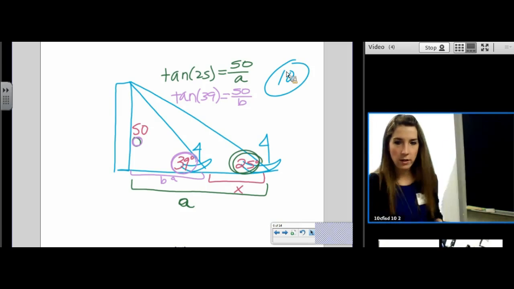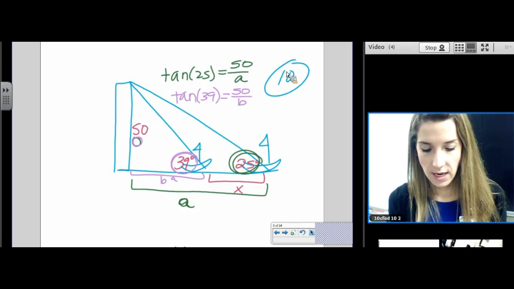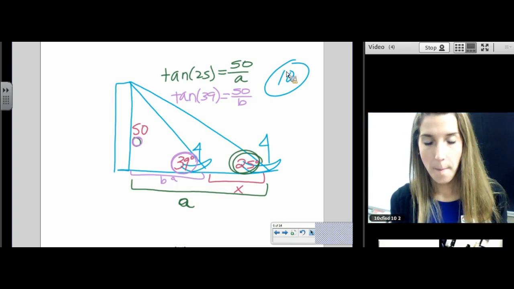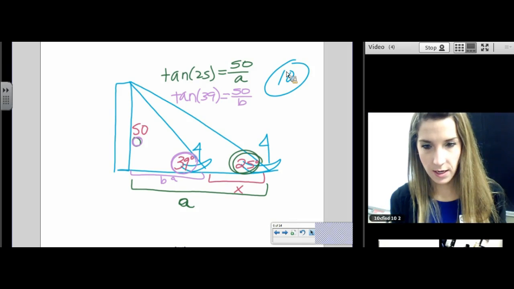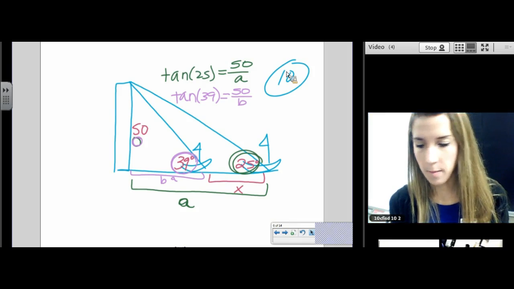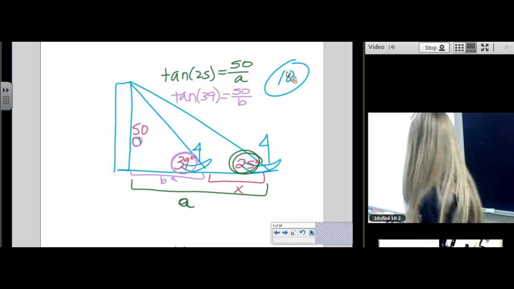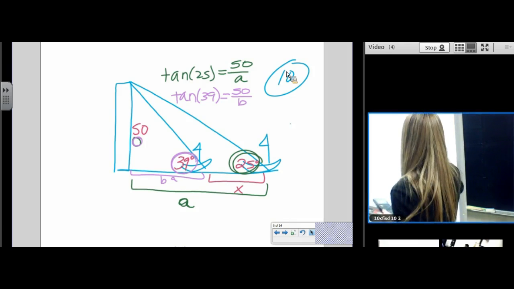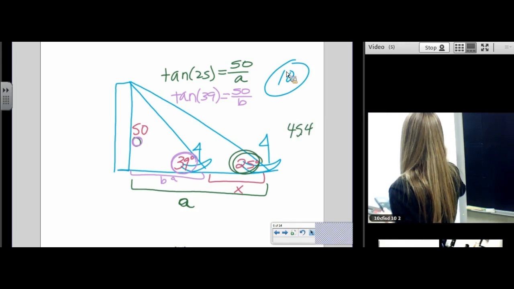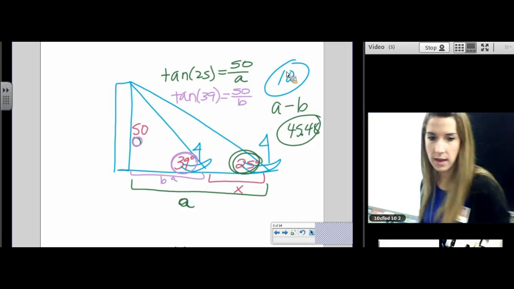So you can literally go to your calculator and do 50 divided by tan 25, close parentheses, minus 50 divided by tan 39. You can put it all in one row in your calculator if you don't want to do it separately. And I came up with 45.48. So x is 45.48. So we found A, we found B, and we subtracted them, A minus B.